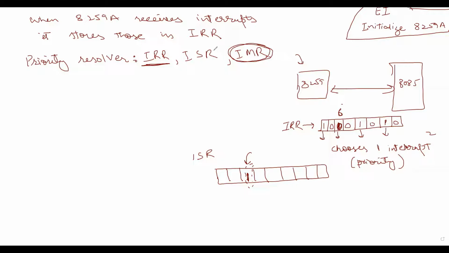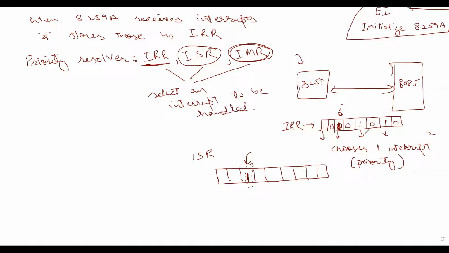And from this register, it will take the information which interrupt is currently being handled. So based on these three pieces of information, it selects an interrupt to be handled.